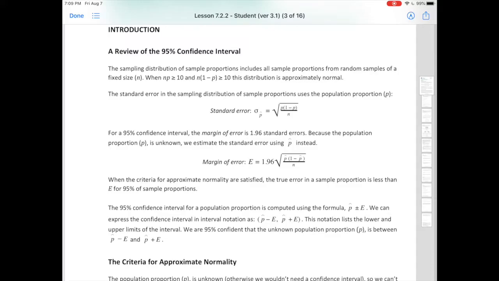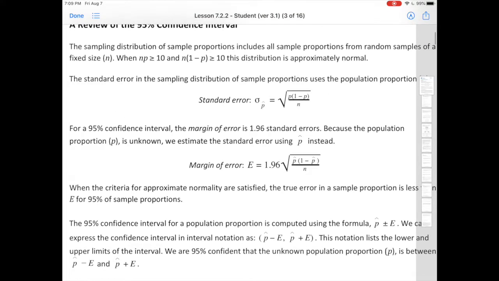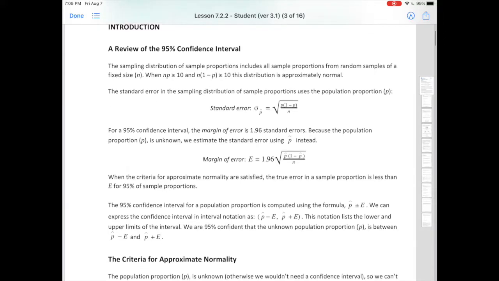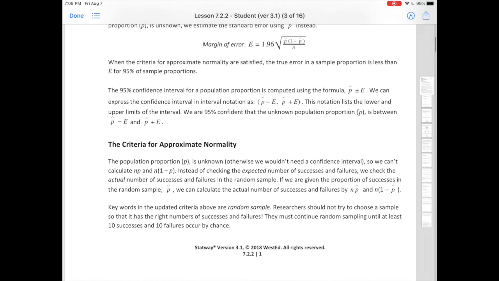So recall from the last lesson that because we don't know p, we use p hat, the sample proportion, instead of the proportion to calculate the margin of error. And that's this formula right here. When the criteria for approximate normality are satisfied, the true error in a sample proportion is less than e for 95% of sample proportions.